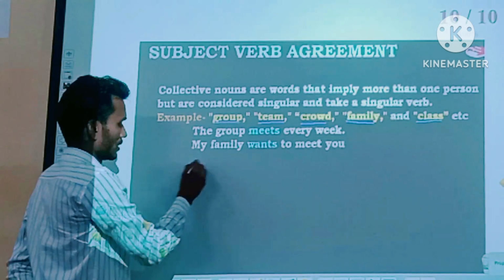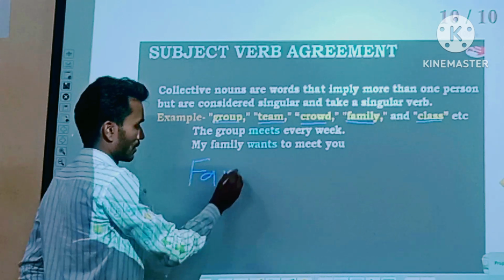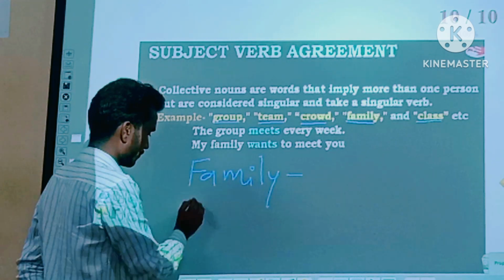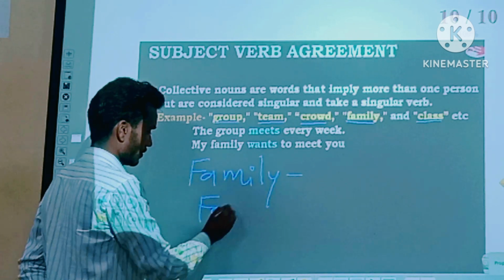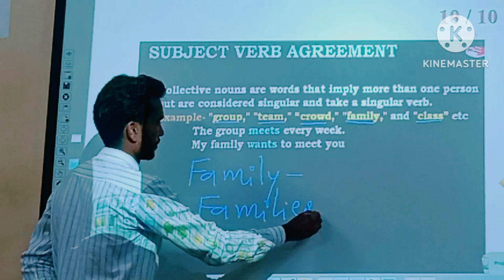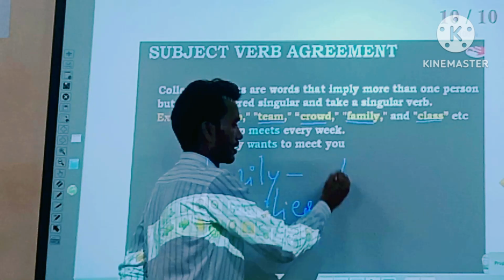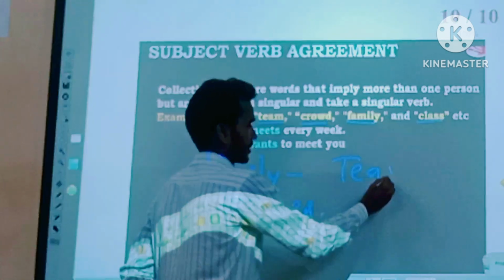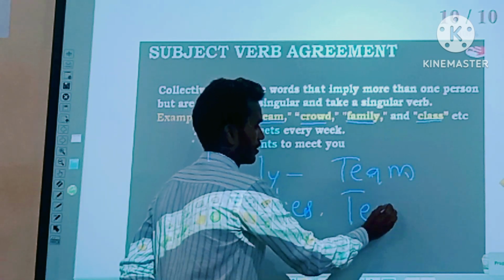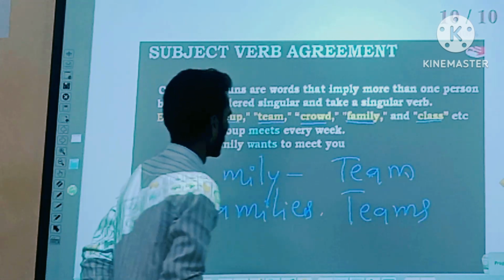Family is a singular noun. But families becomes a plural noun. Team is a singular noun. Teams becomes plural, right?